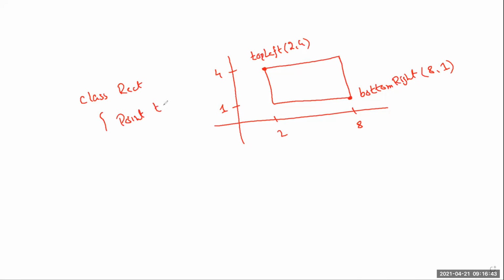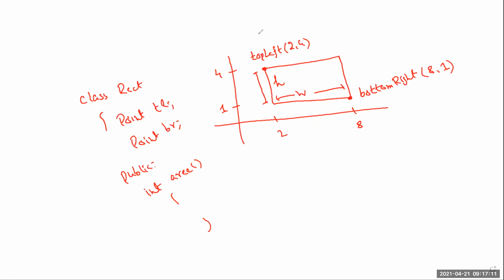One point is top left and the other point is bottom right. We did something like that. And then as far as I remember, we had made a function to calculate the area of this rectangle. Now you see, when you compute area, you need the height, which is this thing, and the width of the rectangle, which is this.